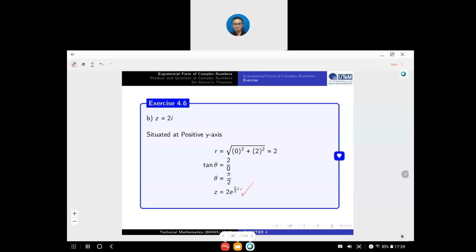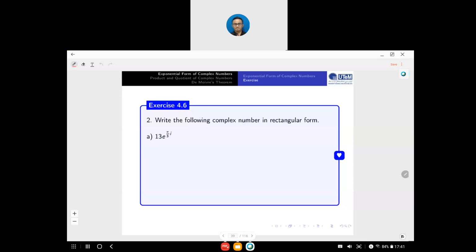Now look at question 2a. Write the complex number in rectangular form. What is rectangular form? You must give your answer in terms of a plus bi, compulsory. This one you can solve directly, because here your r equals 13 and your theta equals pi over 3.